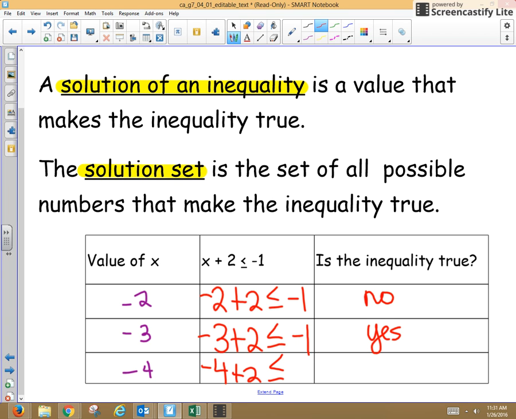Negative 2 is less than negative 1. Since it's less than or equal to negative 1, yes, it is a true statement. So now I can see that negative 3 and negative 4 are part of the solution set because it makes the inequality true. Whereas negative 2 is not part of the solution set because it is not true.